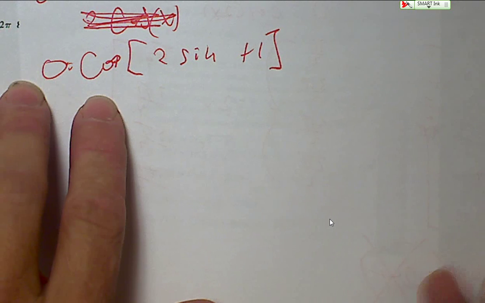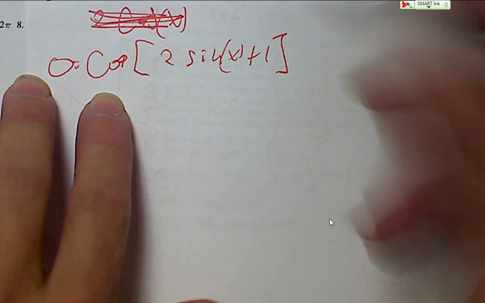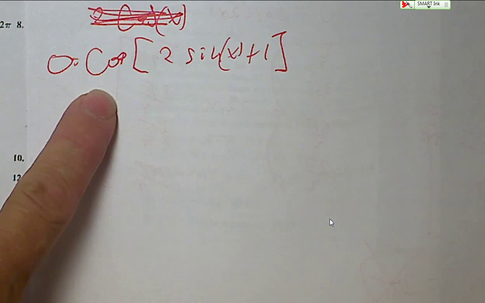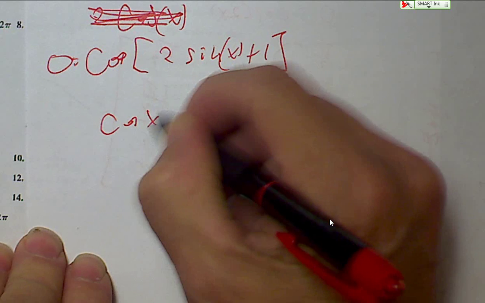So this is just sine of x, right? So our domain hasn't been stretched. So all I care about is 1 full revolution on the unit circle. So when is cosine equal to 0? At what point?